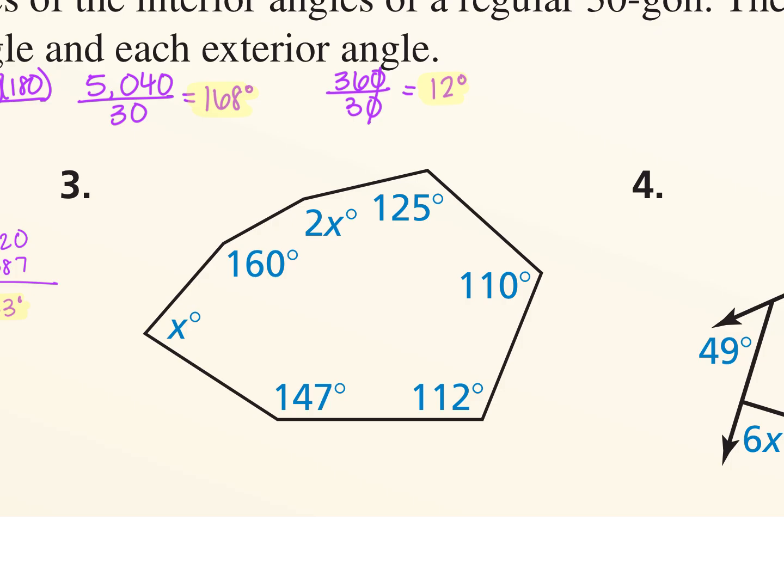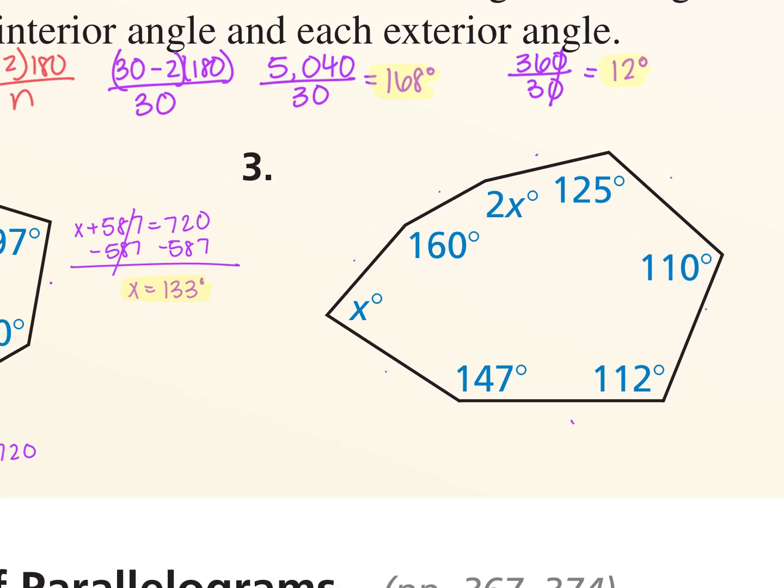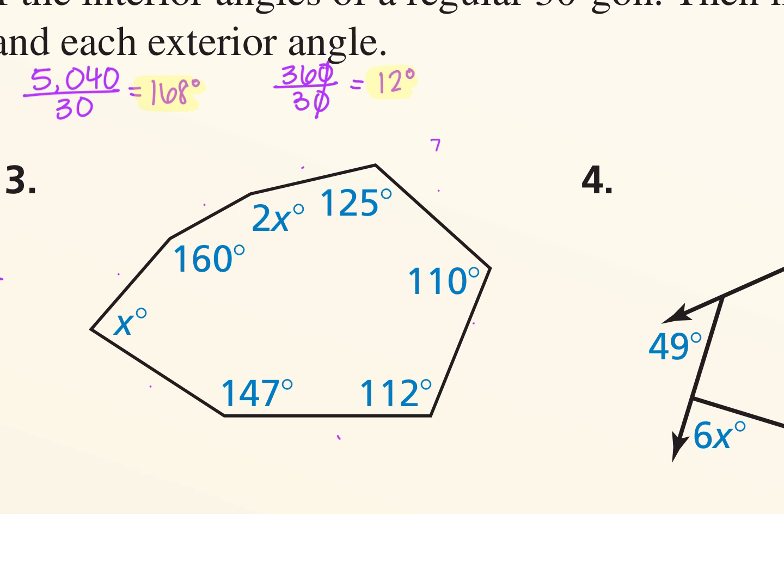Looking at number 3, I'm going to do the same thing. Again, I have to find the measure of the sum of the interior. 3, 4, 5, 6, 7. So this is going to be 7. So I'm going to have 7 minus 2 times 180. 5 times 180 is going to give me 900. So the interior is 900 degrees.